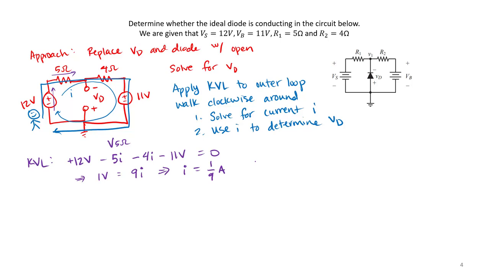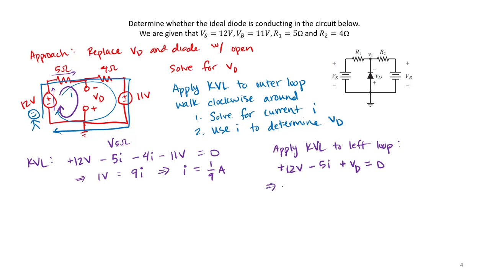So now I can go back and actually determine what VD is. Notice if I apply Kirchhoff's voltage law around a smaller loop, on the left loop, I know that plus 12 volts minus 5I, then notice the sign here, plus VD will be 0.